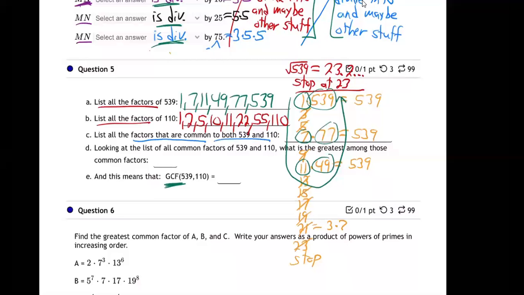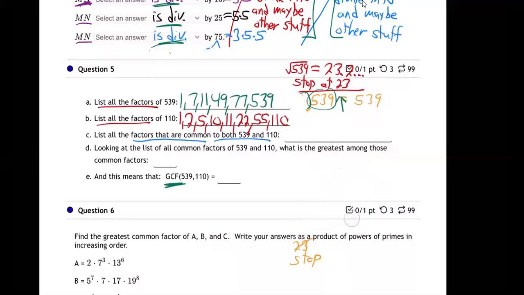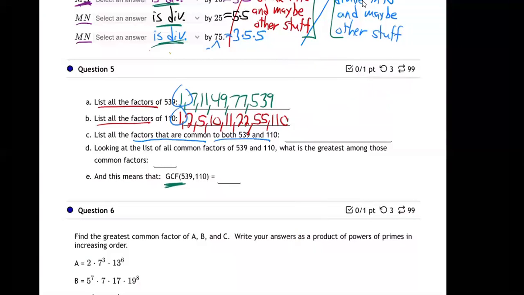So which factors do they have in common? Well, they both have a 1, and they both have an 11, and that's it. 1 and 11, separated by a comma there. 1 and 11 are the only factors that they have in common.